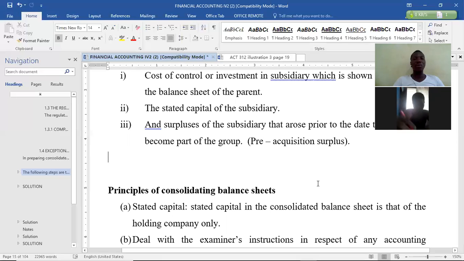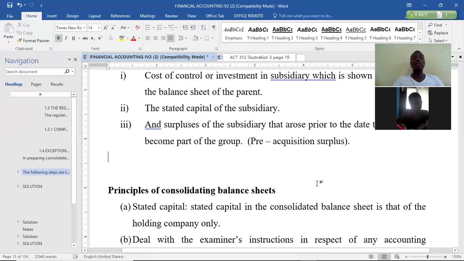You need to take note of the surplus of both the subsidiary and that of the holding company. And also take note of any intra-group balances and goodwill that may arise as a result of the consolidation. So we'll be looking at all those things in a nutshell, then you understand.